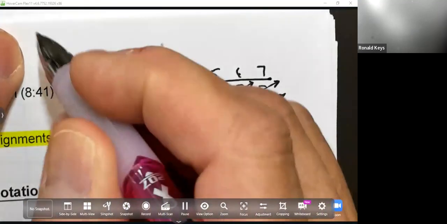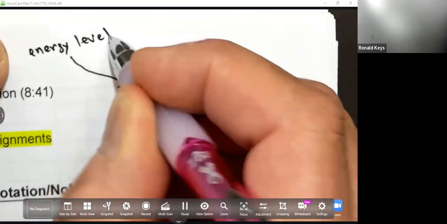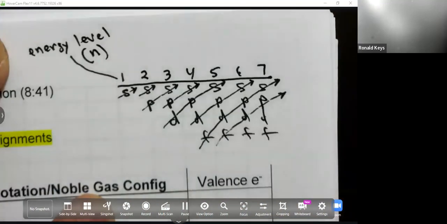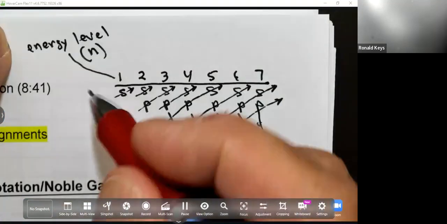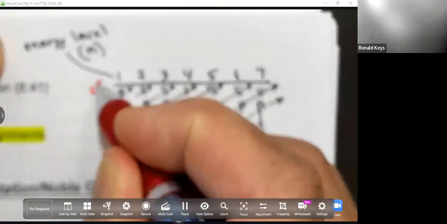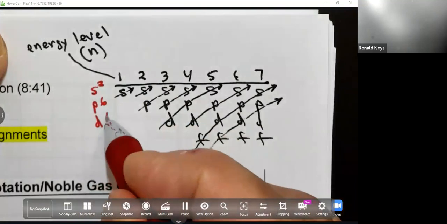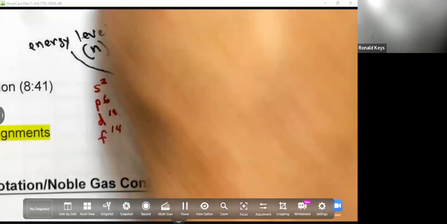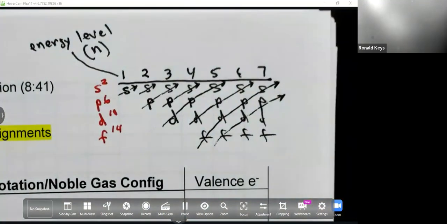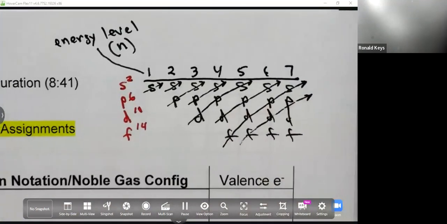This 1 through 7 is our energy level. That symbol is n for our energy level. Our maximum electrons we can have in an s is 2. For p, it's 6. For d, it's 10. And for f, it's 14.